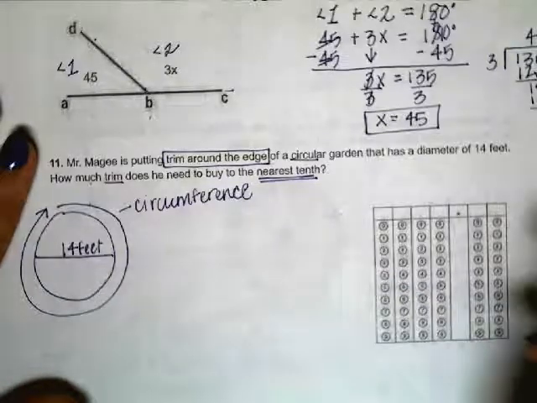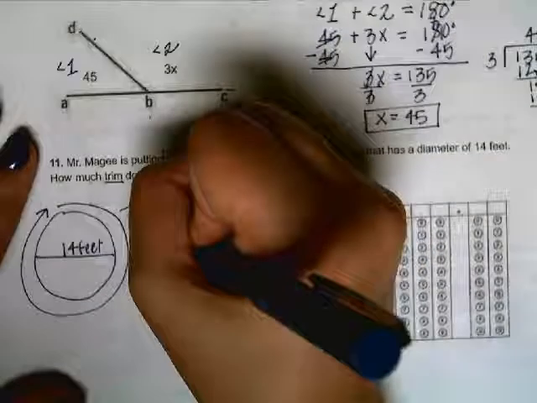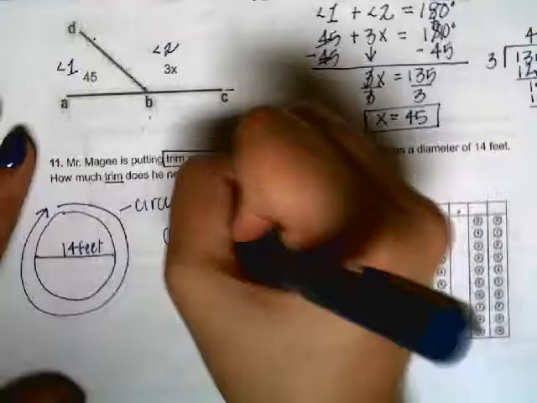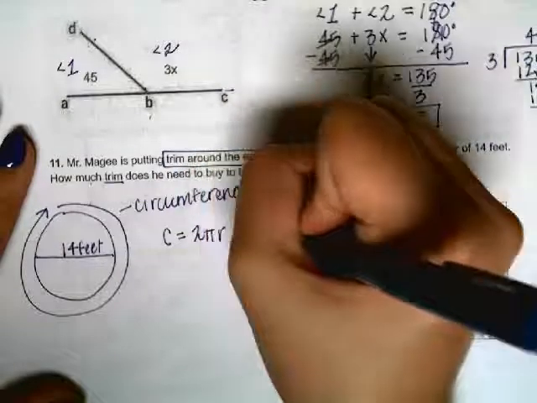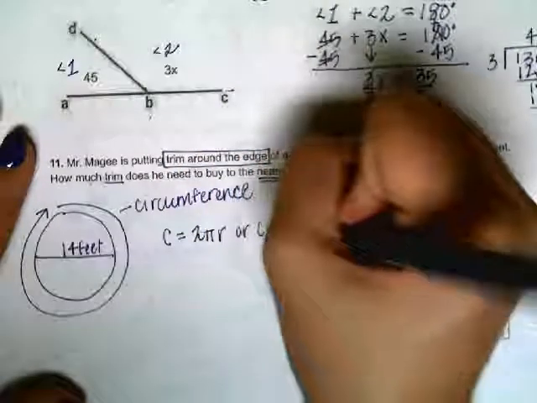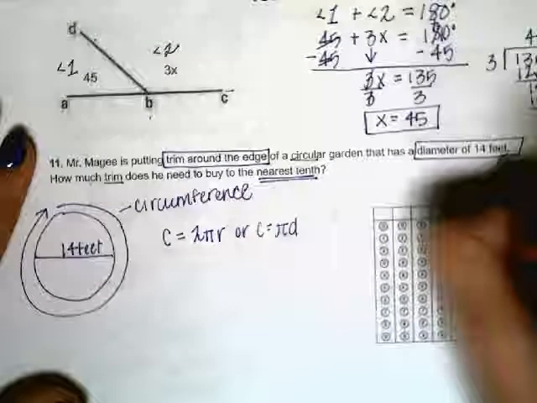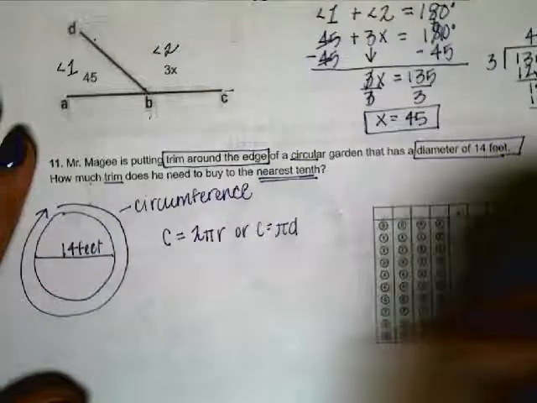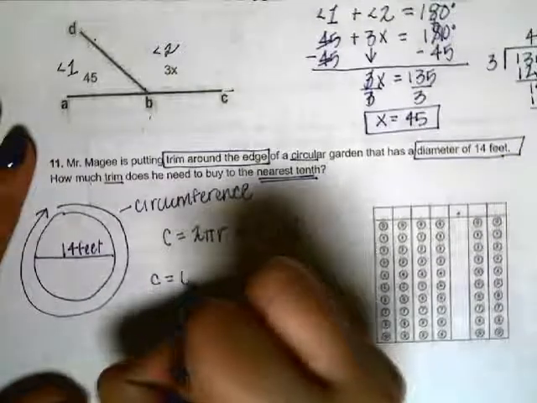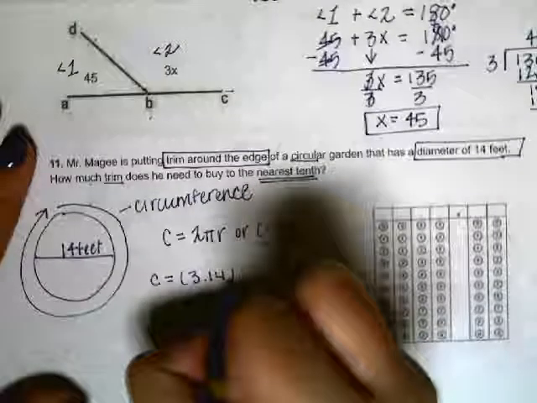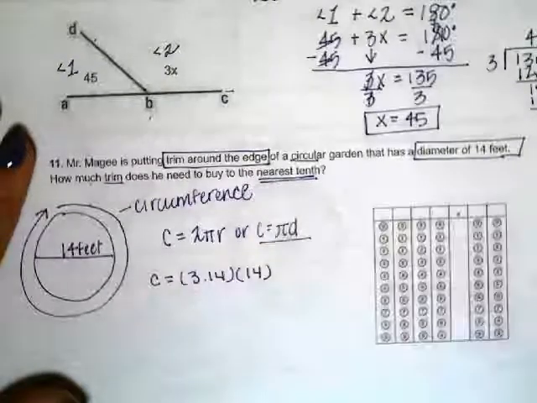So we're looking for circumference. Our circumference formulas are C equals 2 pi r or C equals pi d. In this case, we are given a diameter of 14 feet, so we're going to use this formula here. Pi equals 3.14, and our diameter is 14 feet.